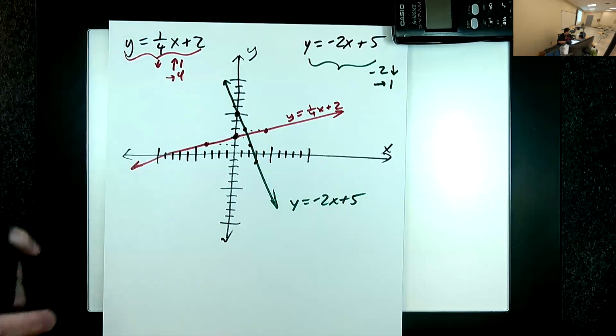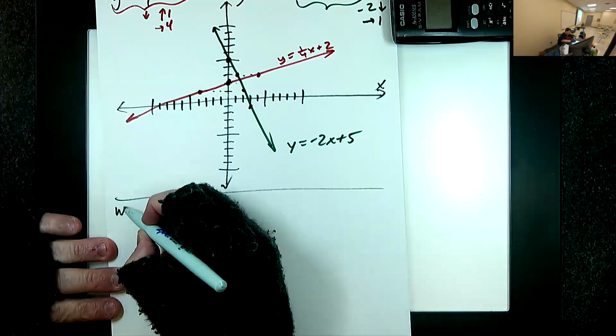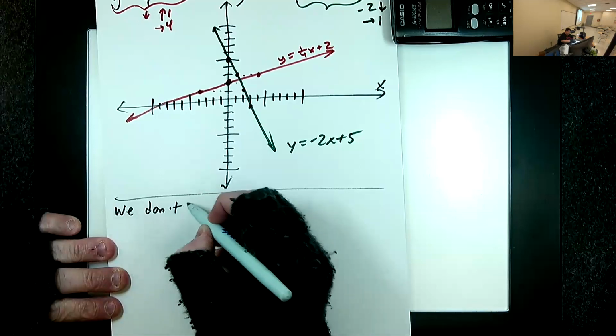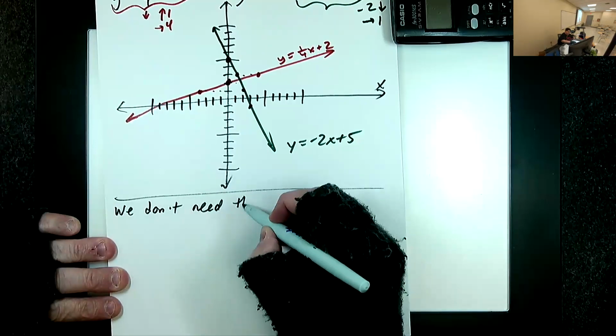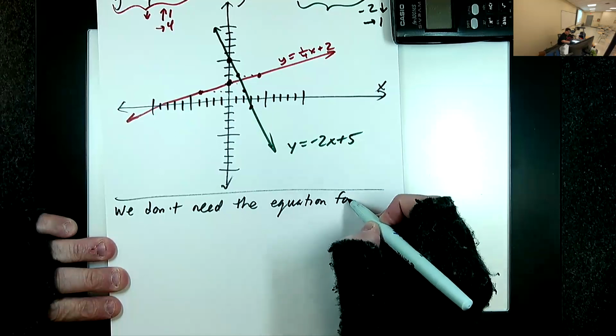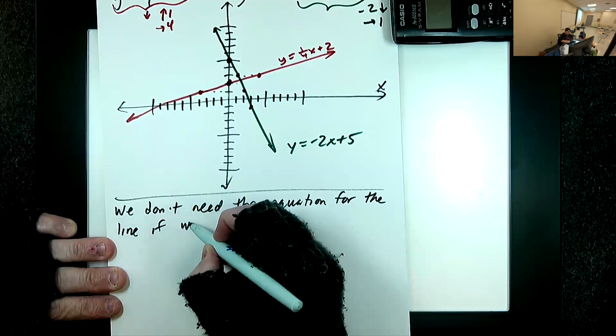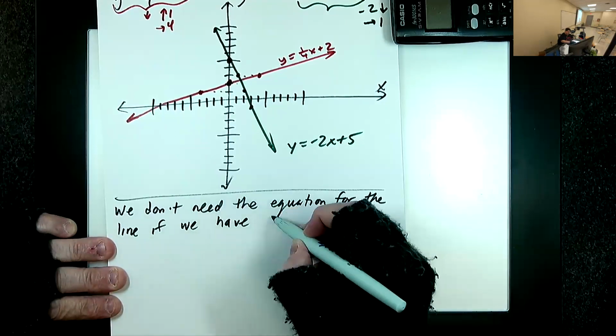Okay, good. All right, so we don't need the equation for the line if we have the slope and a point.